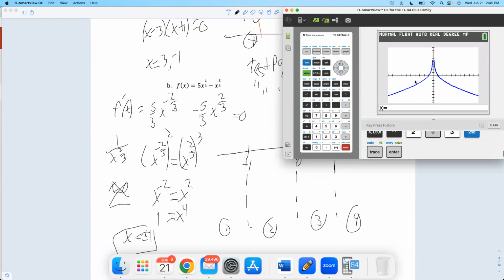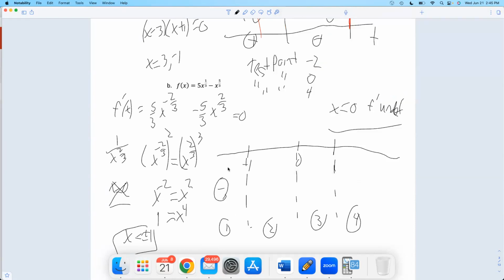So let's say we didn't have the picture and we were just doing this on a scientific calculator. Let's plug in a value back here, maybe -2. Look at that. I get a negative number. Negative. That means the function itself, not the derivative, the original function is decreasing.